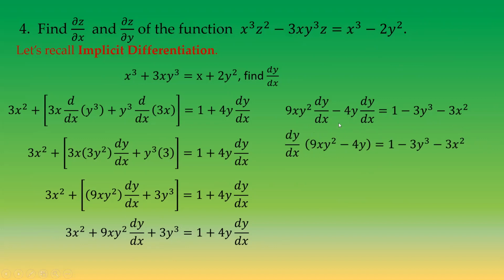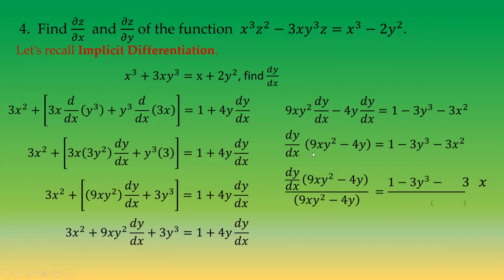Then, by factoring, ito ay common nila. So, common yan, pwede mo siya i-factor out. So, ayun, nilabas natin. Kaya dy over dx, may iwan na lang ay 9xy squared minus 4y equals 1 minus 3y cubed minus 3x squared. Then we divide both sides by 9xy squared minus 4y.